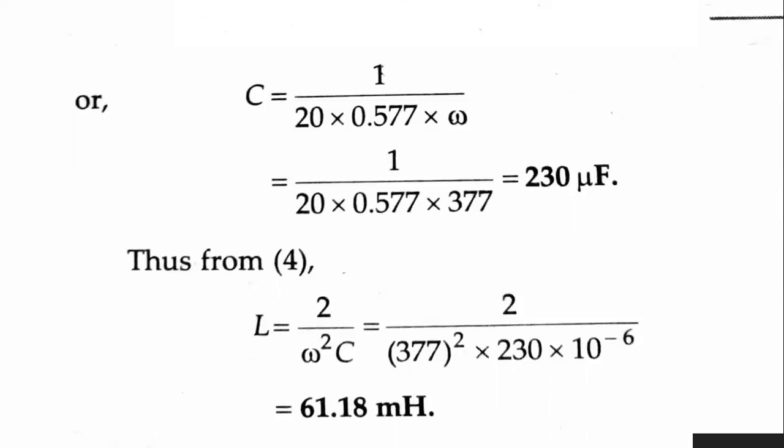Now, in short, from equations 1 and 2 you get the omega squared LC value. From equation number 3, you get the capacitor value. And from equation number 4, you get the inductor value.